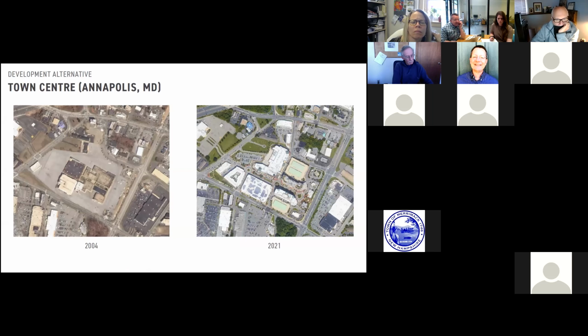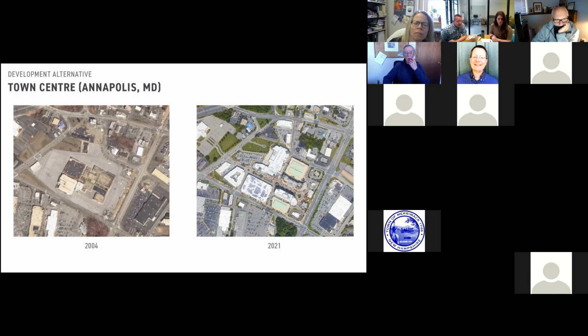Here's another example, the town center in Annapolis, Maryland. On the left, you see 2004, not so terribly long ago, doesn't feel quite so long ago. And on the right, 2021. So this looks a little bit like your mall on the left. You can see some big boxes surrounding the mall area.